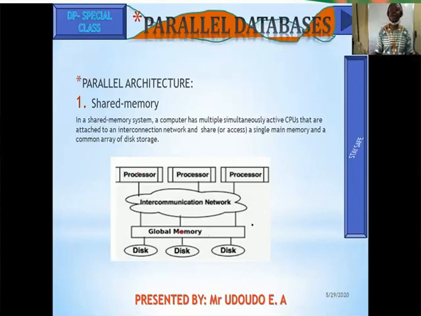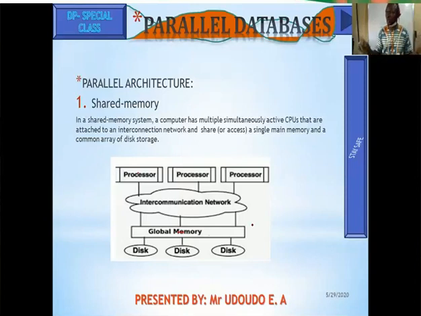Now, they also have advantages and disadvantages. By the time the note is uploaded for you, not this week, but likely next week, you'll be able to see the good side and the bad side. So here, it means that all the CPUs can access the common memory.